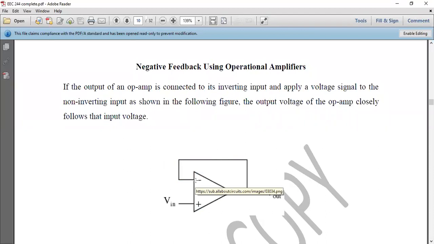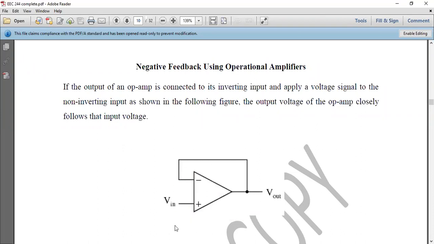In that case, we are going to have a negative feedback on this operational amplifier. From the output, there is a terminal here that is connected back to the negative input, that is the inverting input. So when you have that, the output voltage of the amplifier will closely follow the input voltage. It will be following the input voltage at Vin.